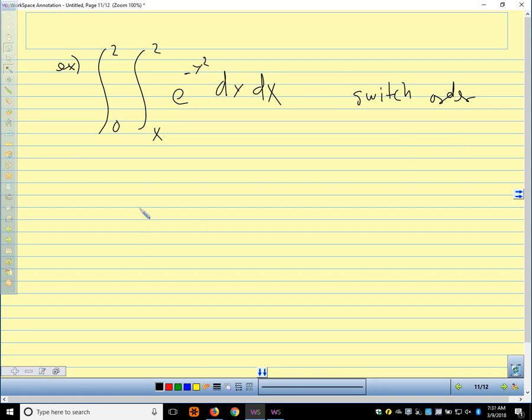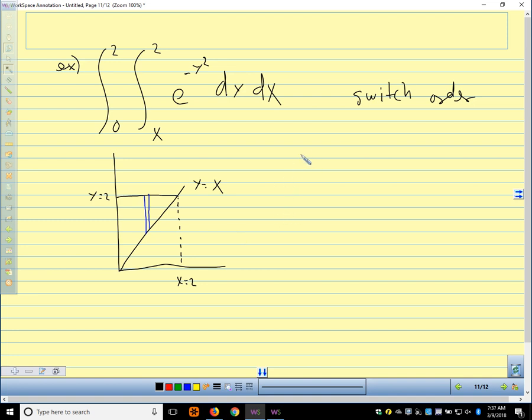So let's sketch the region. This tells us y goes from x to 2, and x goes from 0 to 2. So let's switch the order.